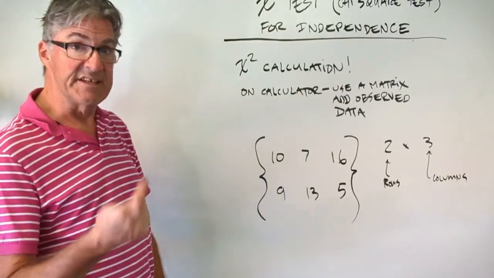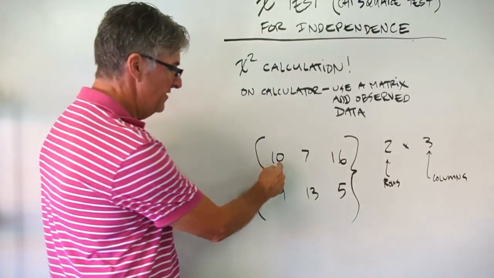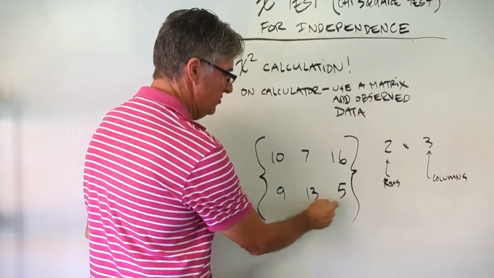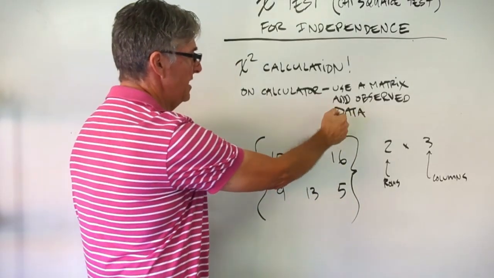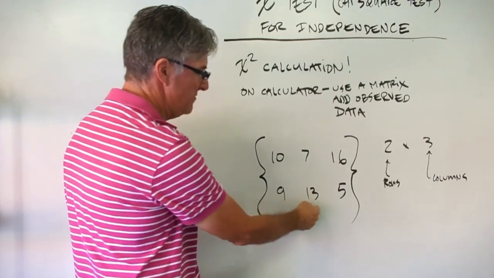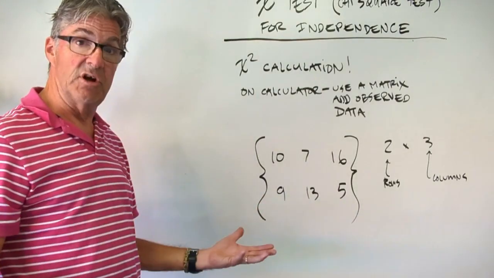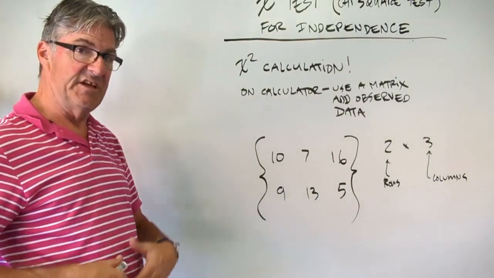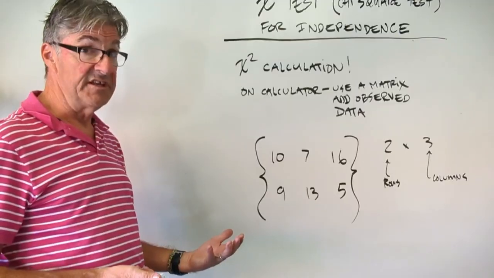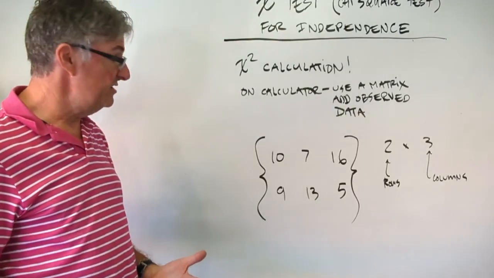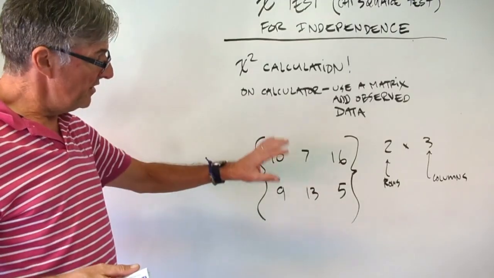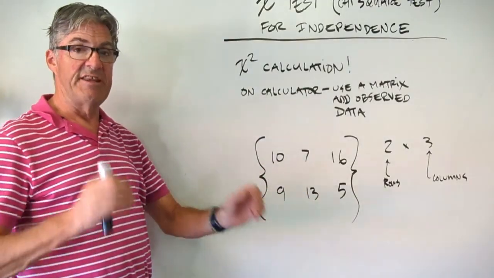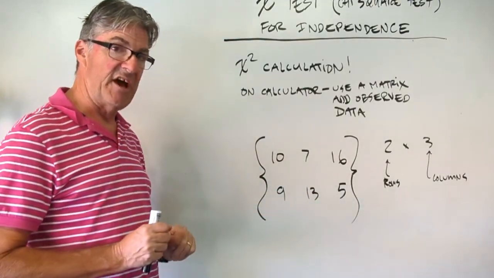And so if you look at the table, you'll notice that these are how the numbers showed up. This row was boys, this was tennis, badminton, and squash. This was girls, tennis, badminton, and squash. So those are the observed numbers. Everything else in this problem is going to be a calculation. So all the calculator needs is the basic data. So you're going to go in there, enter the numbers in a matrix, and then perform the steps for the chi-square calculation.